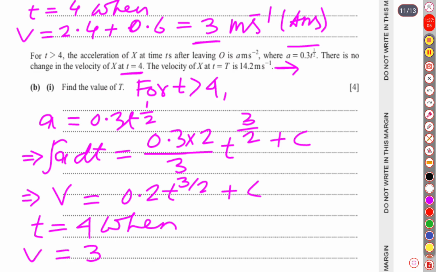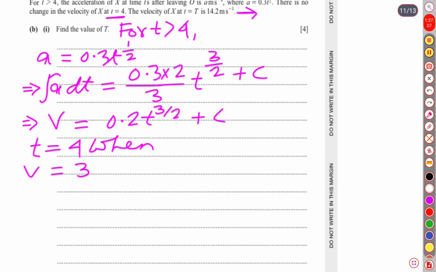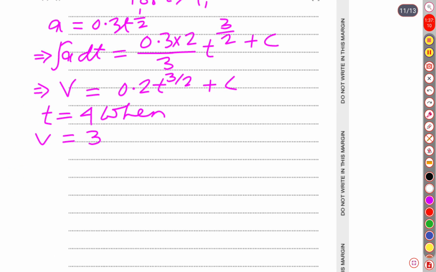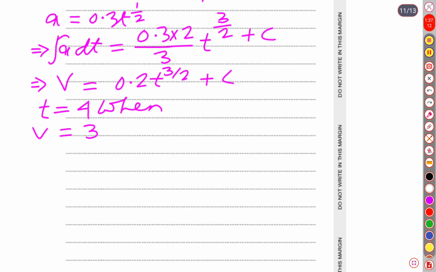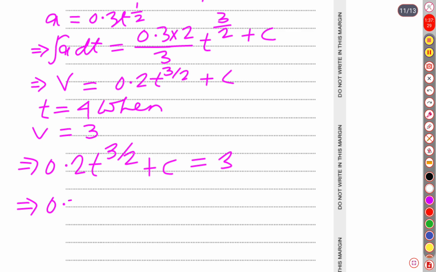From the previous question we can pick it up. The expression of velocity is 0.2t^(3/2) + c equal to 3, and our time is 4. So 0.2 into 4 raised to 3 over 2 plus c equals 3.